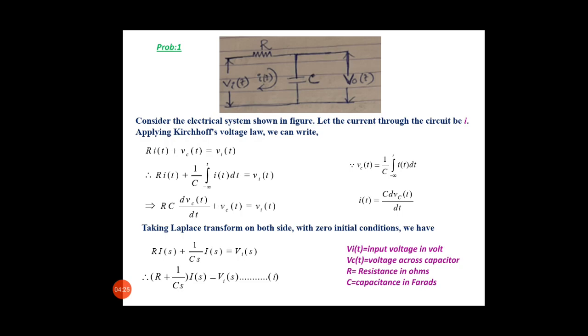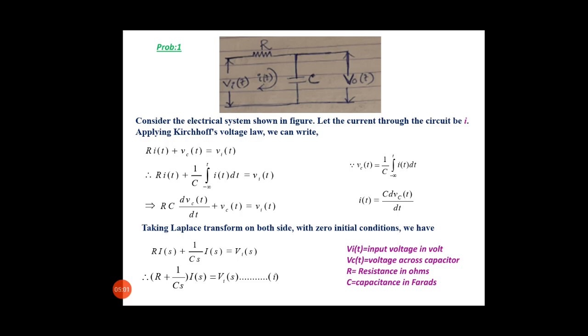So you can see this equation in terms of a differential equation: Vi(t) equals RC dVc(t)/dt plus Vc(t). This equation describes the functionality of this system, the RC system. So we call this the differential equation model.